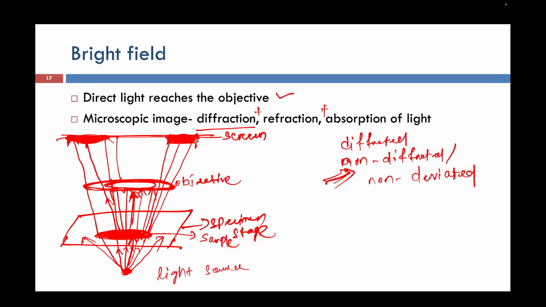As I said, all these points are illuminated by the non-diffracted rays.